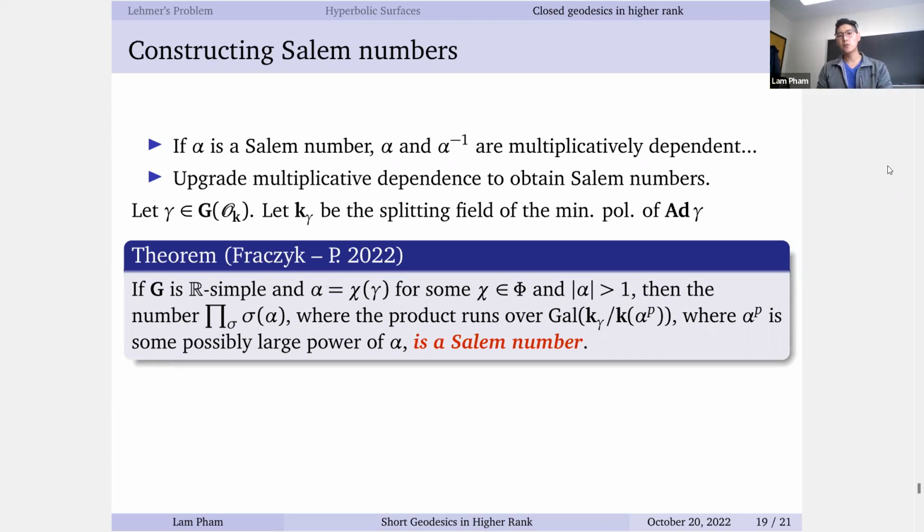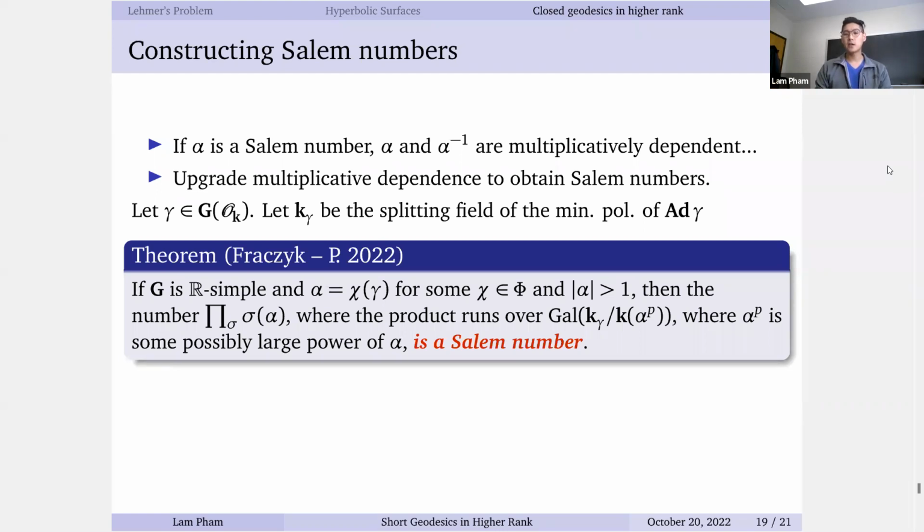It's the Galois group of the splitting field K_gamma over some other extension of K. So the extension of K is going to be obtained by taking alpha to some power P and taking that algebraic extension. Now, this power P can be very, very large, but the advantage of this construction is that the product of these conjugates will not depend on how large this actual power is.